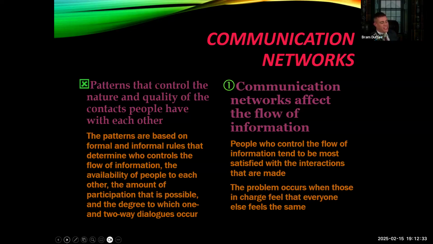And here's an interesting point to consider. Those who control the flow of information within the network tend to feel the most satisfied with the communication. So, why is that? It's because they feel informed and empowered, but that satisfaction isn't always shared by others.